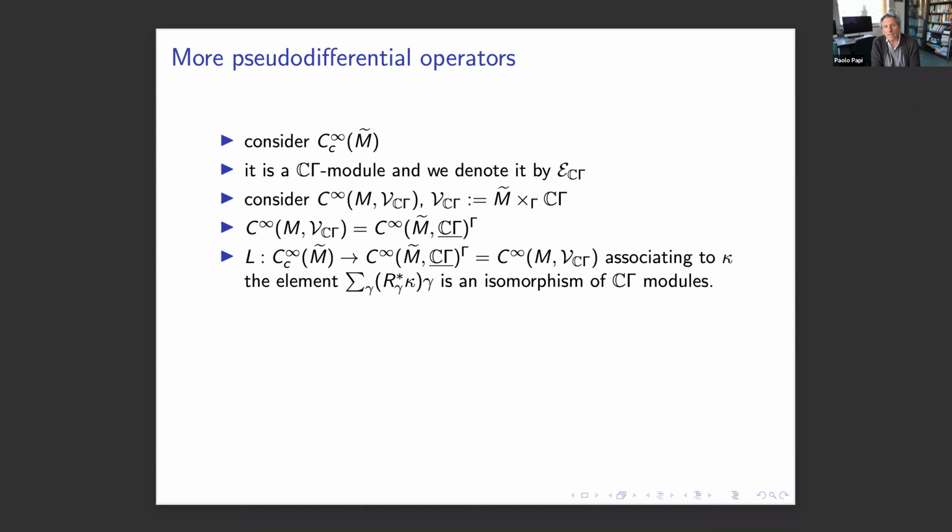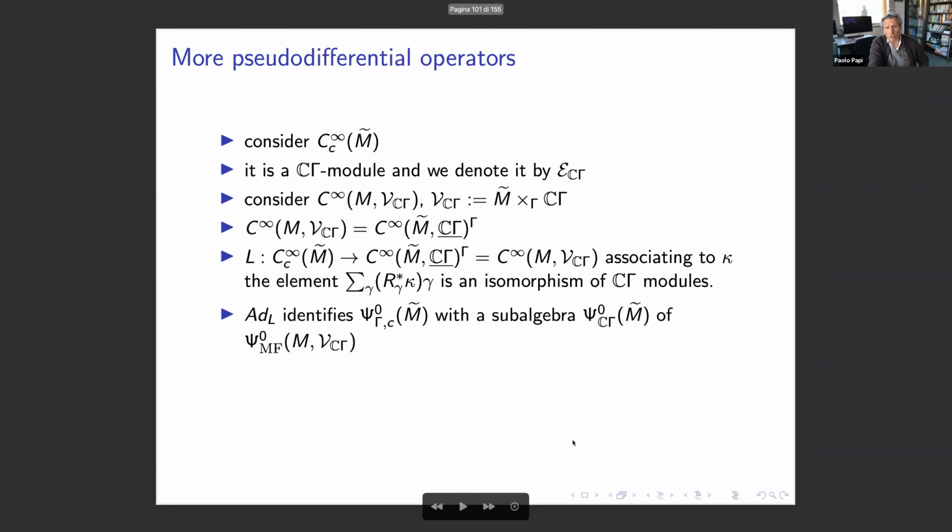It simply associates to a function or a section, because there is a bundle there that I'm not writing, this sum, where you translate with the right action. Very good.